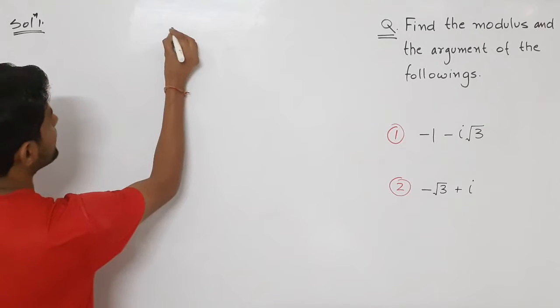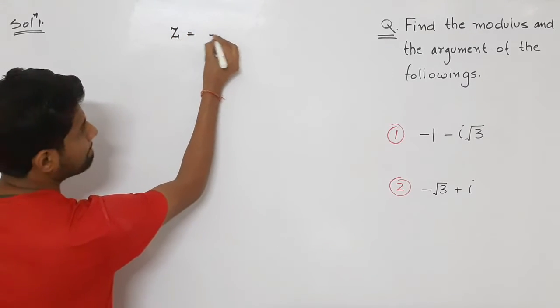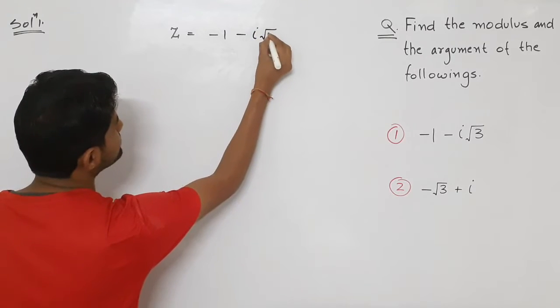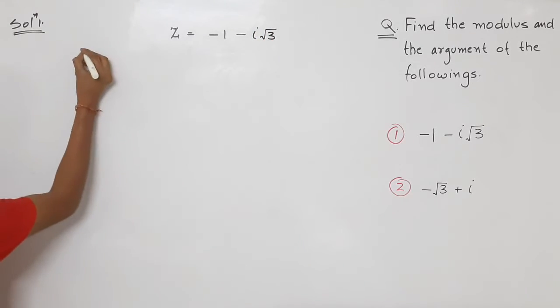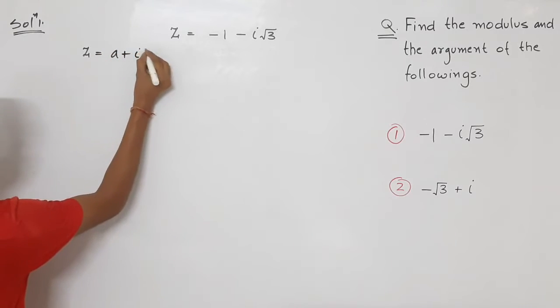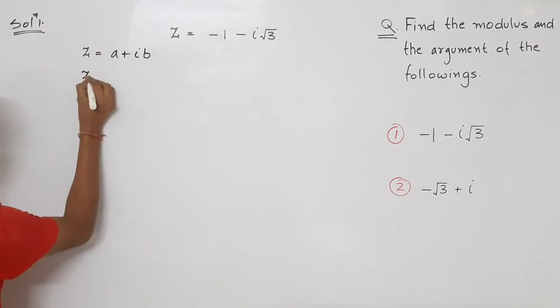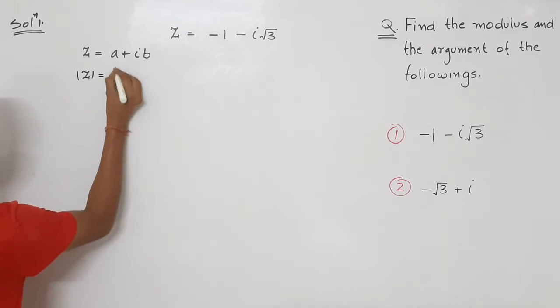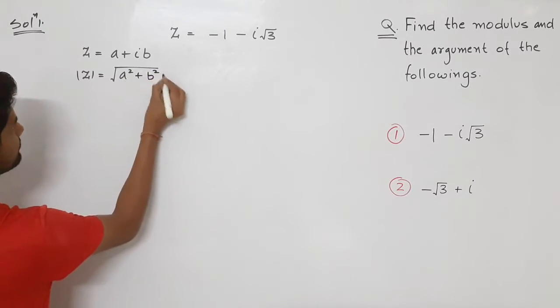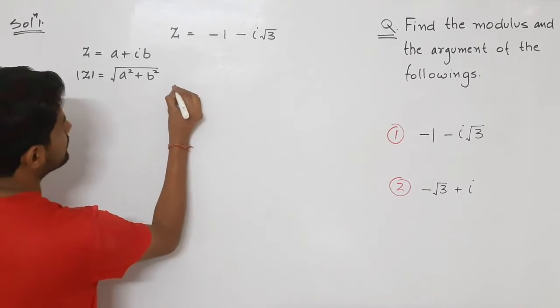So we have a complex number -1 minus iota under root 3, and I know that suppose I have a complex number a plus iota b, then mod of this complex number will be under root a square plus b square, right?